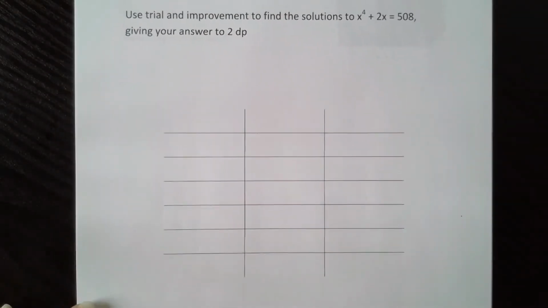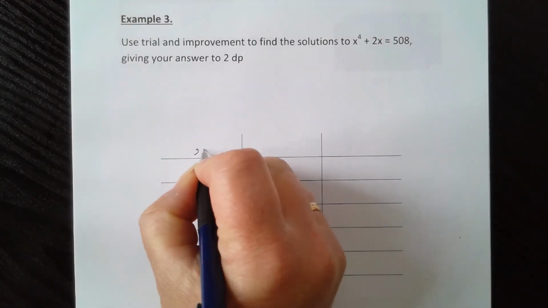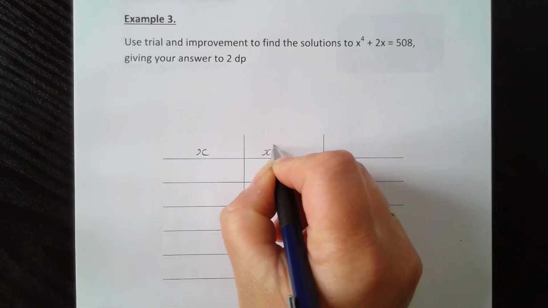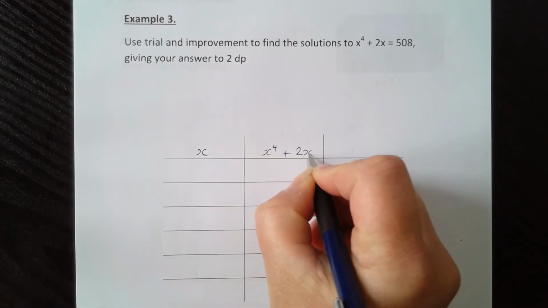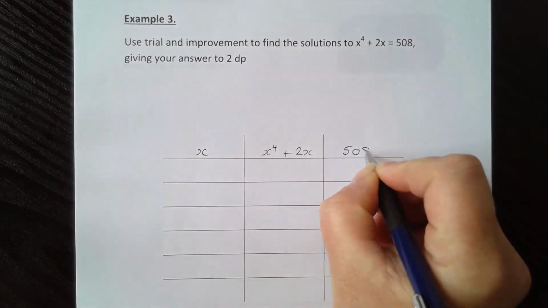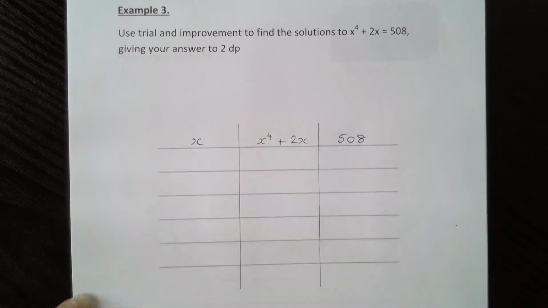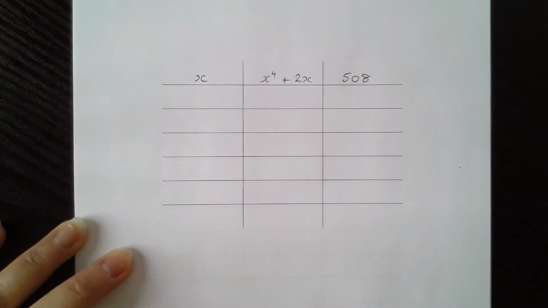So I've got x to the power of 4. So the first column is my values for x, x to the power of 4 plus 2x, and I want it to equal 508. So it starts in exactly the same way. I'm looking for two consecutive whole numbers.